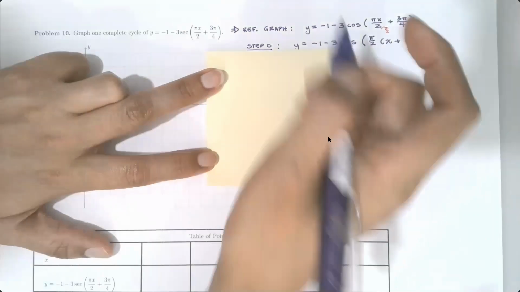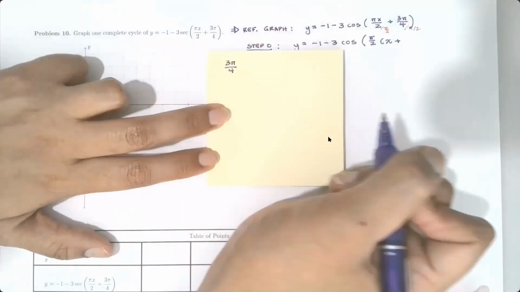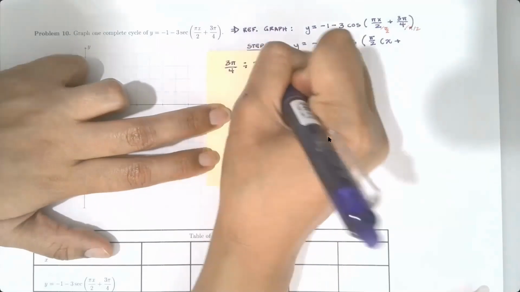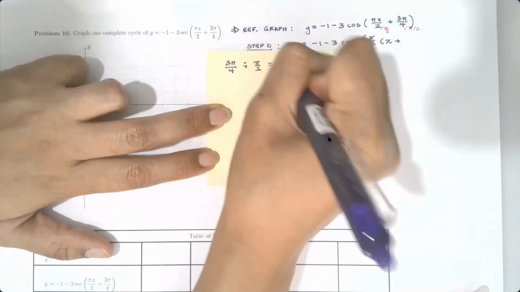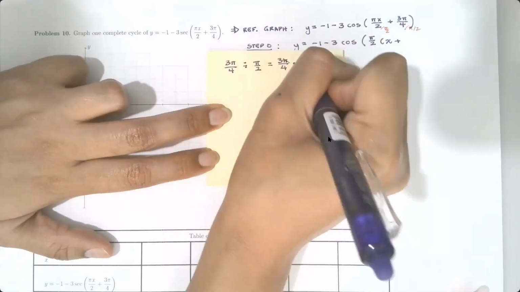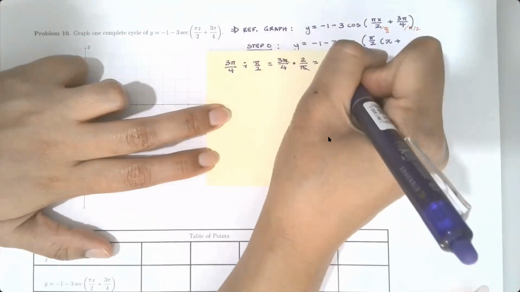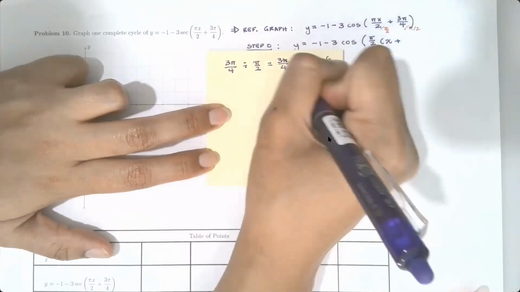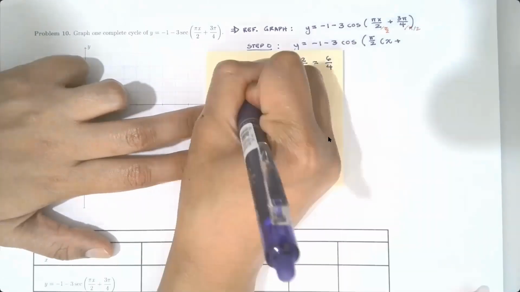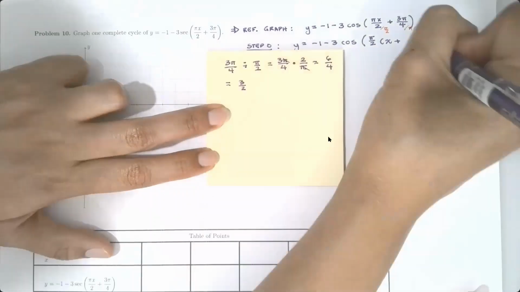Doing some side work, we have 3 pi over 4 divided by pi over 2. That's the same as 3 pi over 4 times the reciprocal, 2 over pi. The pi's cancel, and multiplying across numerators gives 6 and across denominators gives 4. The 6 over 4 reduces to 3 over 2. So what we get here is 3 over 2.